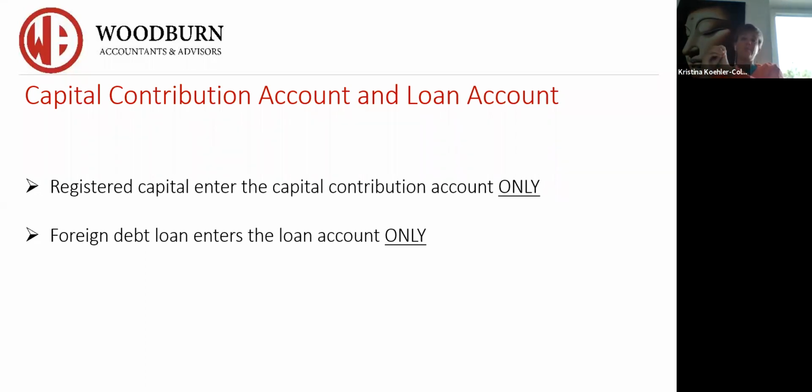Once that 1 million USD has been all sent over, you actually have no use of the capital contribution account unless you increase your registered capital again. If you have the foreign debt loan, you need to open up a loan account, and the foreign debt loan goes into that loan account. It does not go into the capital contribution account. So that just needs to be made clear.